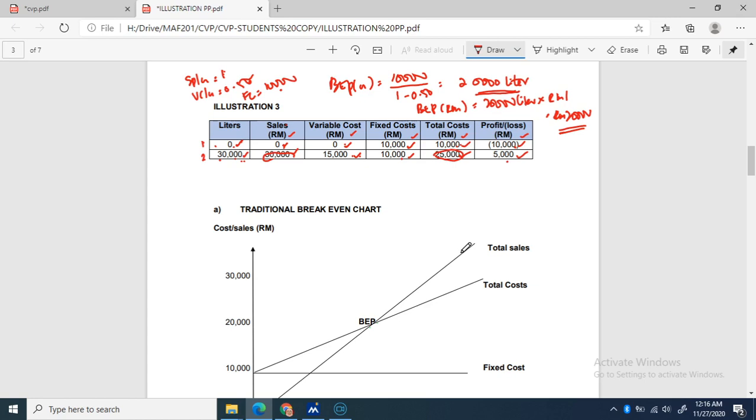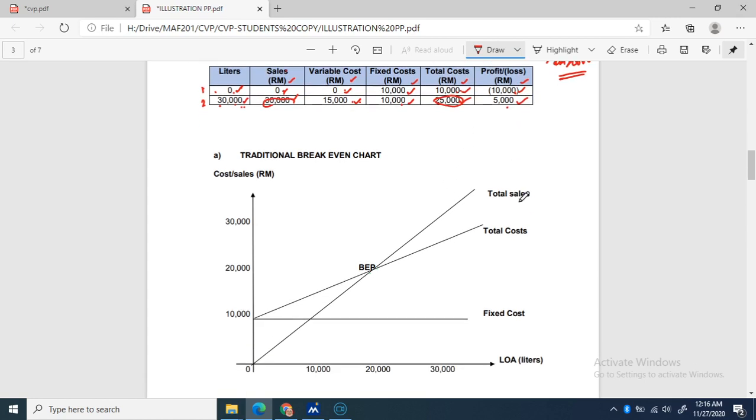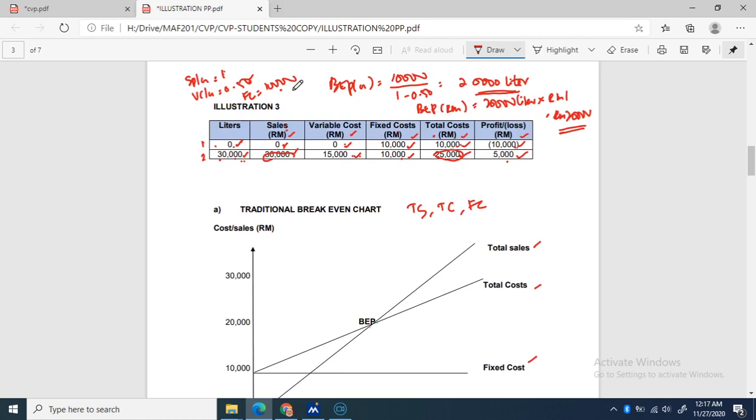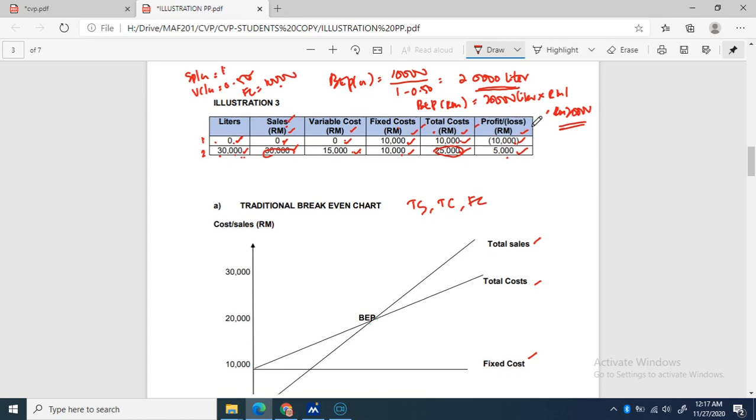Now we have to draw the break-even chart. Under the break-even chart, you have to draw the total sales line, total cost line, and fixed cost line. Now we refer to sales.